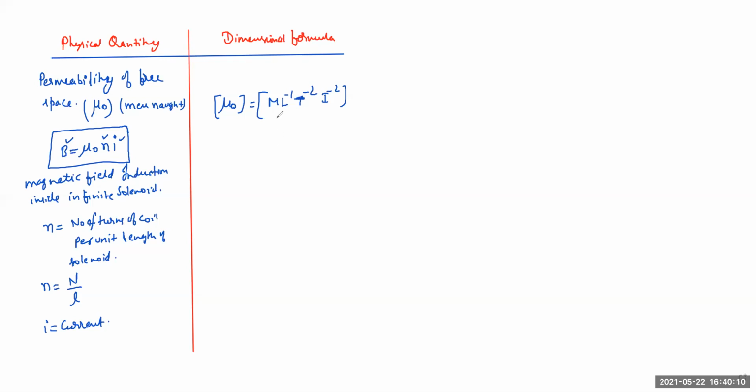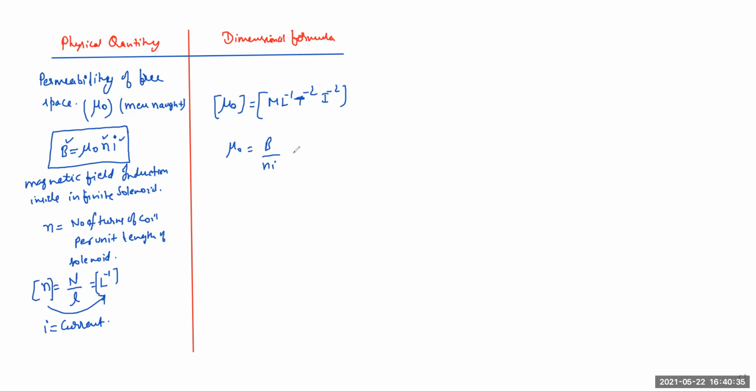Okay, I don't remember, so let me derive this because I always prefer deriving it. N has dimension L minus 1, because n is the number of turns per unit length, so it is the inverse of length.